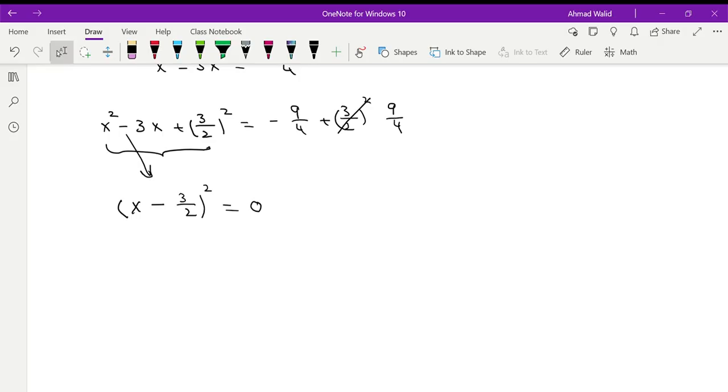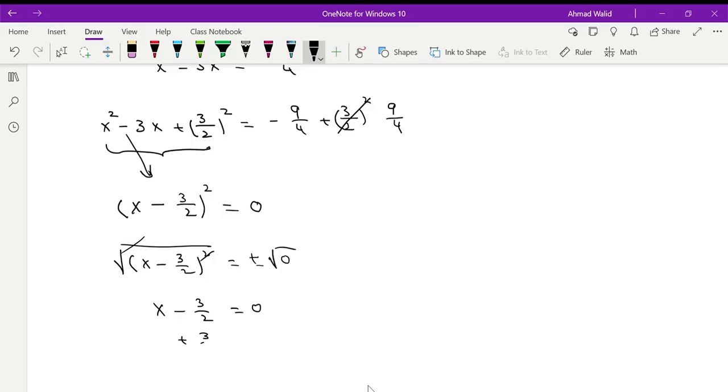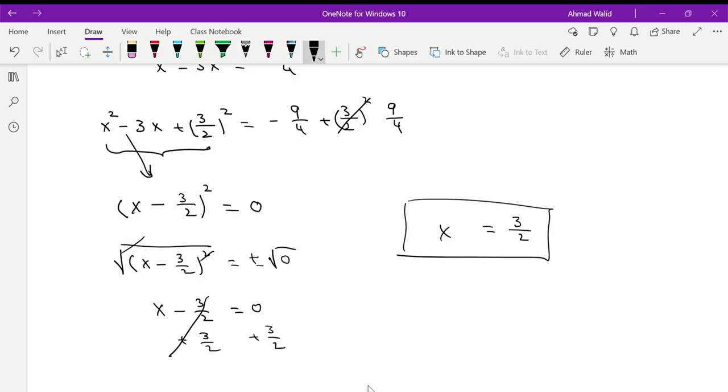Take the square root from both sides. Square root of x minus 3/2, all squared, equals plus minus the square root of 0, which is 0. Here these two cancel out. x minus 3/2 equals 0. It means add 3/2 to both sides, and you end up with x equals 3/2. Only one answer, not even two answers.